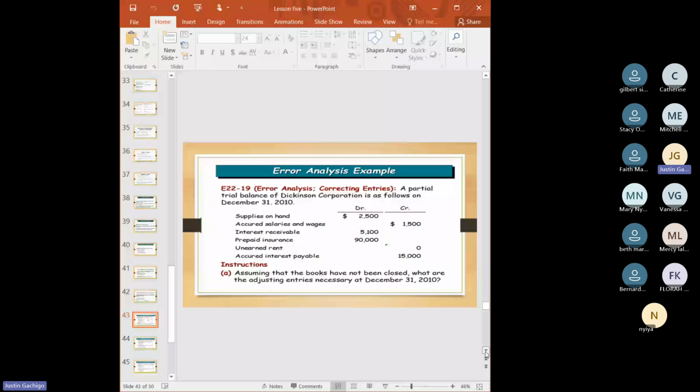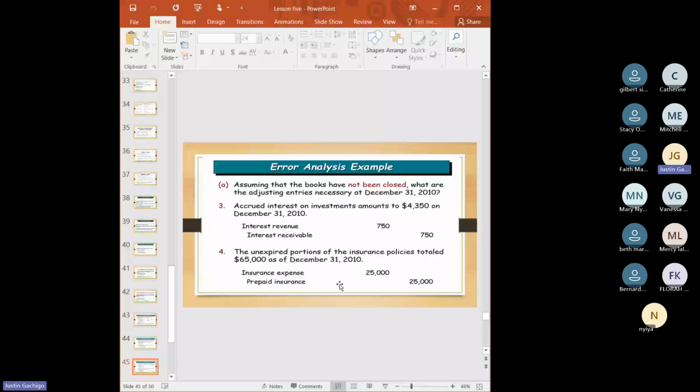That means you need to reduce the unexpired insurance policy. Prepaid insurance is an asset, so you credit the asset because it is reducing. Then the other leg, you debit the insurance expense.